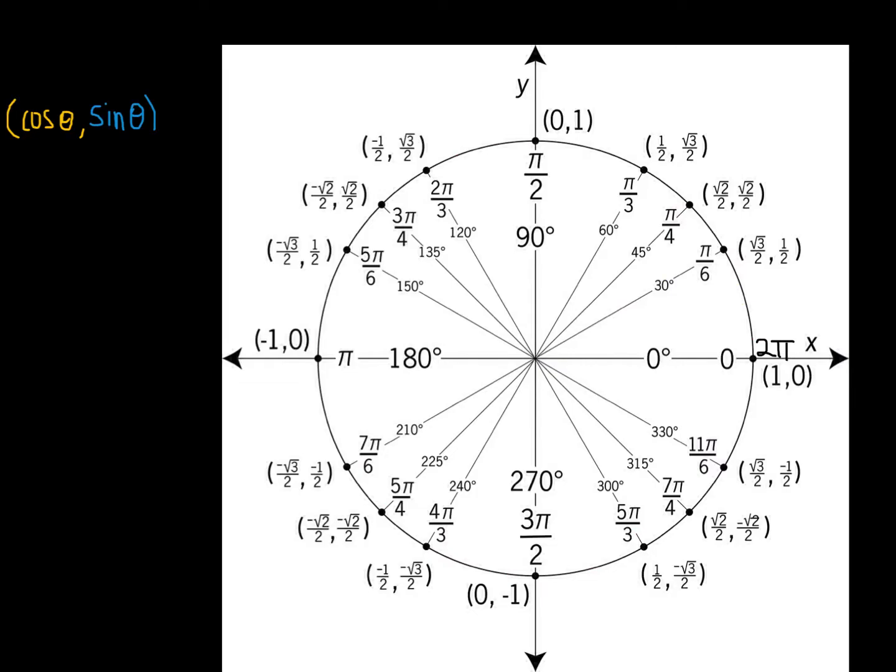And then the tangent is the sine over the cosine and can be interpreted as the slope of the terminal side, the rise over the run. If that flew over your head, maybe listen to it again, think about it, or go back and watch a previous video to get some more intuition about how we found the values of different angles along the unit circle. All right, let's move on.